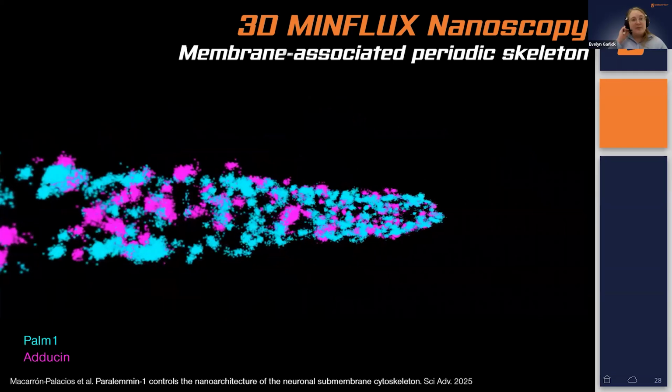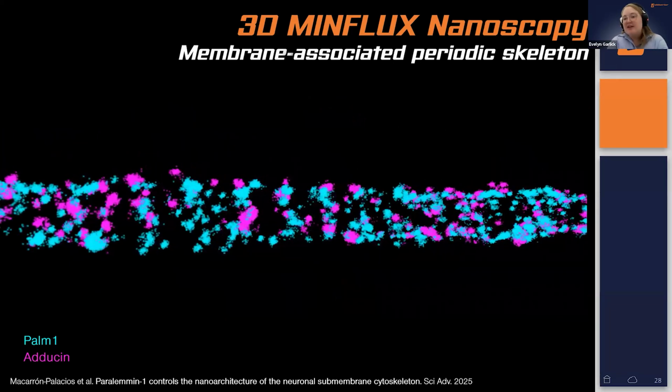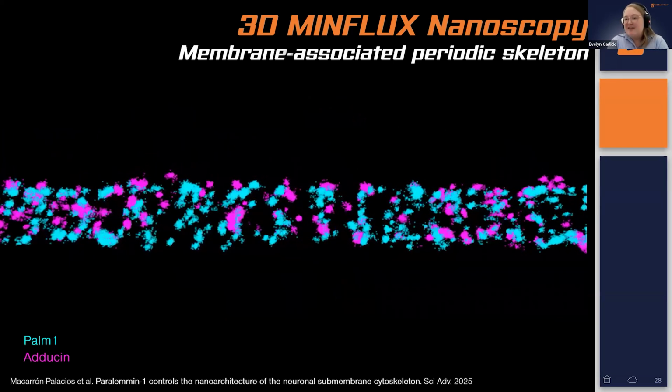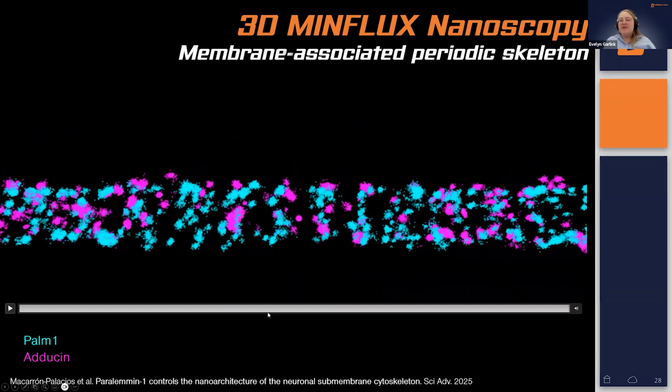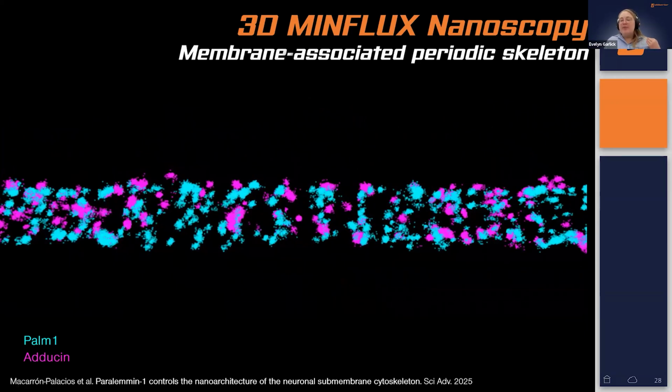I'd also like to briefly talk to you about two-color MINFLUX microscopy, and then after this, I'll hand you back to Nichols and we can look at the image that we're taking right now. Here we have, as Xiaoyu spoke about, the neuronal cytoskeleton, which has these very nicely arranged spectrin rings. Spectrin is not the only part of the cytoskeleton. There are other proteins such as adducin and this protein PALM1.